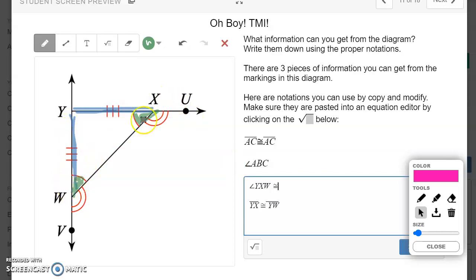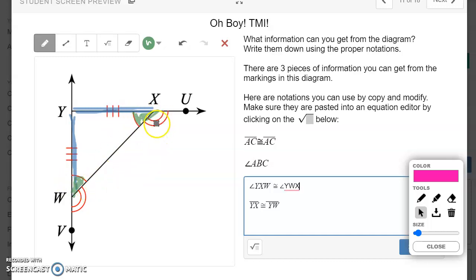So YWX, so I could have also called it XWY, but I'm going to call it YWX, and I'm going to copy this because you don't know how to get this angle symbol. Alright, so I've taken care of the two green angles that are congruent.